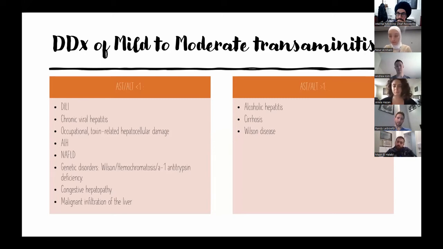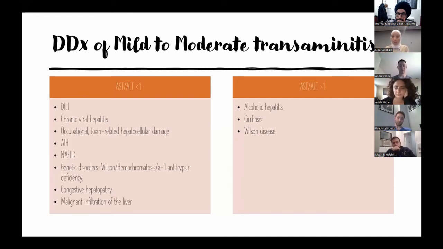Just copper, because I think if I remember correctly, isn't AST stored within mitochondria? Does the copper disrupt the mitochondrial membrane or something like that? I'm not sure about this, but Wilson disease is usually associated with hemolysis because of the toxic effect of copper on the red blood cells.